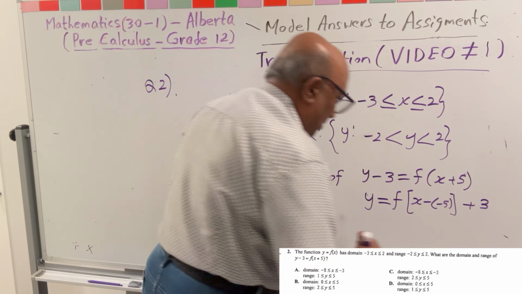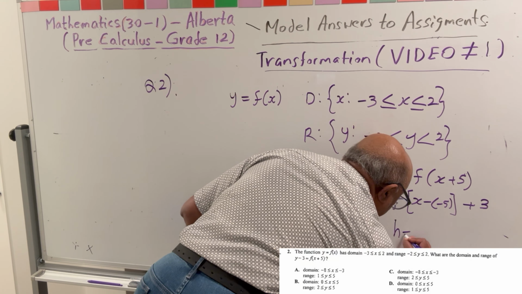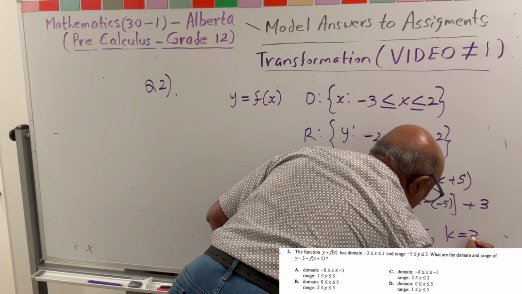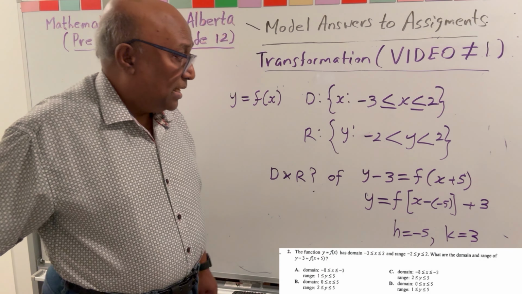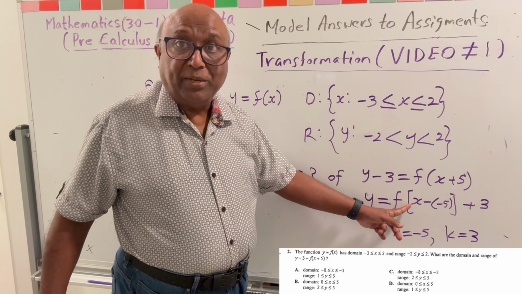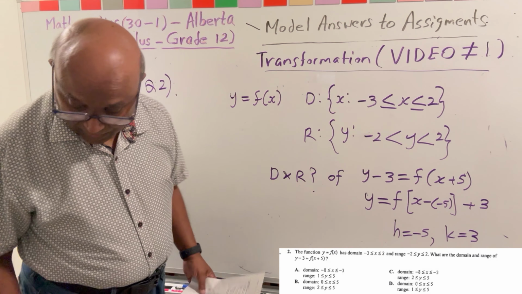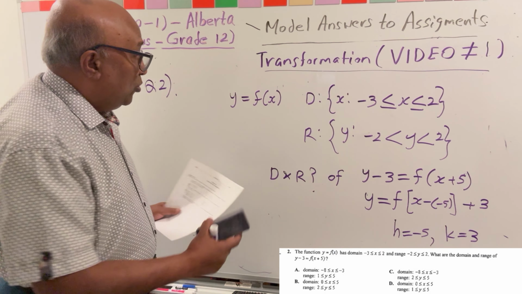That means we can figure out the value of h and the value of k. In this question also, like in the previous question, a equals 1 and b equals 1. What are the new values?